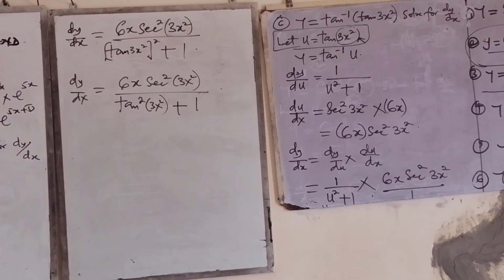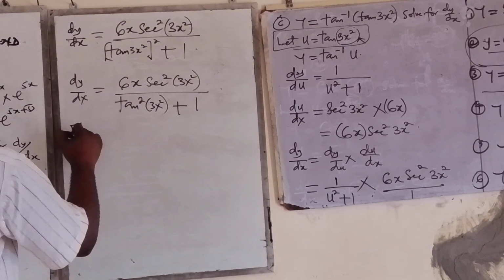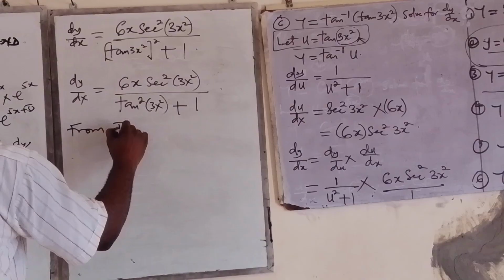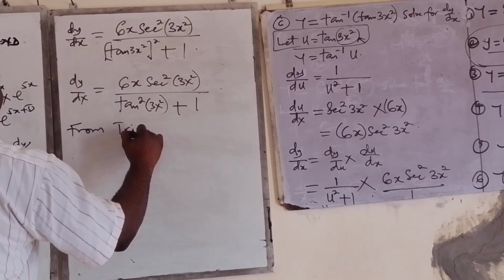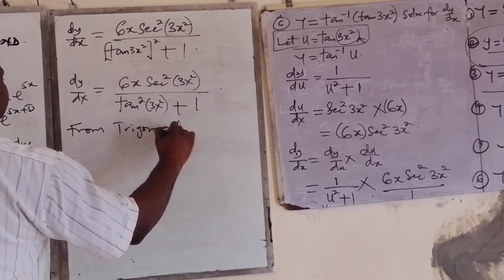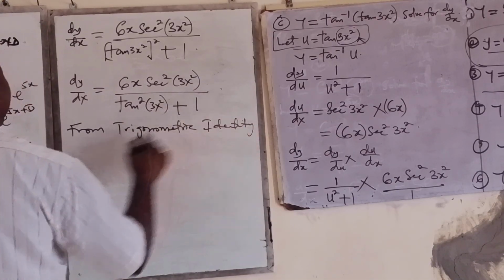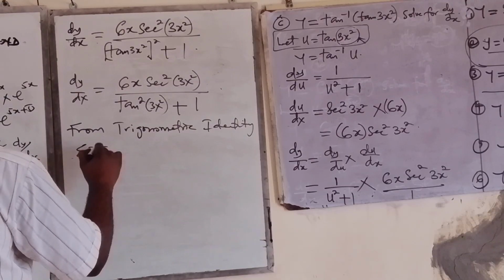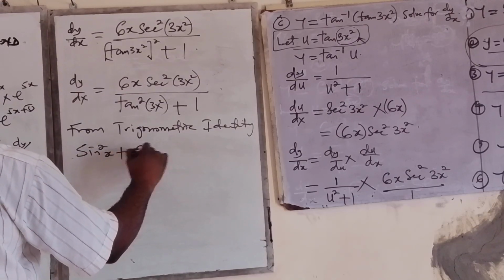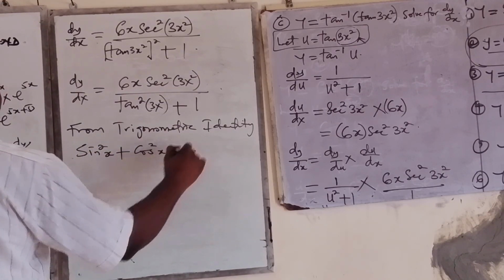Now let's look at this. From trigonometric identity, we say sine squared x plus cos squared x is equal to 1.